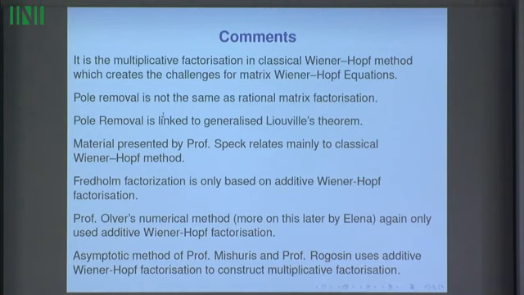And again, this only relies on the additive side. So in a way, this is generalizing the pole removal method. And the method of Mityushev and Rogosin, although it constructs a multiplicative factorization, the way it constructs this approximate multiplicative factorization again relies on steps which are all additive factorization. So this is an idea which we've seen a few times now.